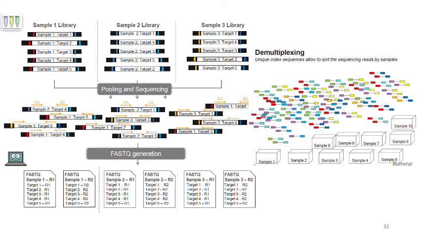Having unique identifiers from the index sequence allows you to pool these samples or libraries together. They are sequenced and the FASTQ files are created. Following that, the computer will demultiplex these, using the adapter sequences to put them into bins or silos of information.